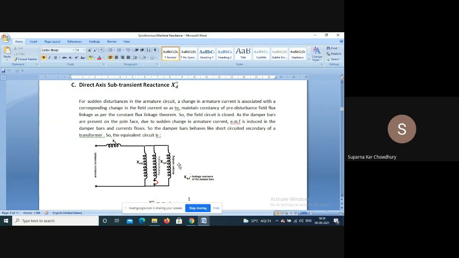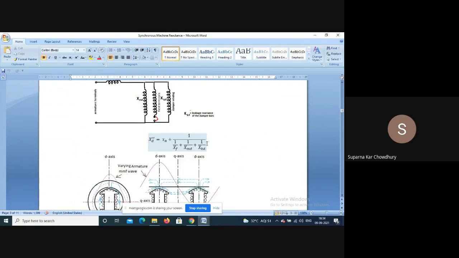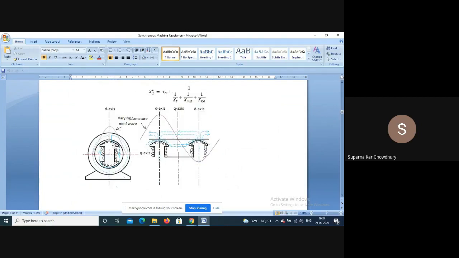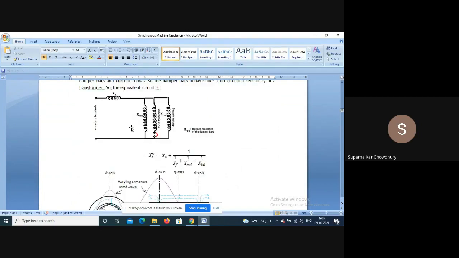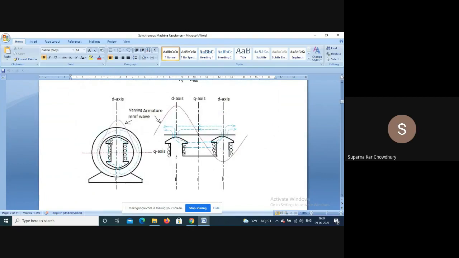So the damper winding current will also affect the inductance. The flux distribution will be like this. In this figure the damper bar current has died down, so this flux was entering the rotor body, going through like this. Then it goes through air in this region, but in this region it was going through iron.